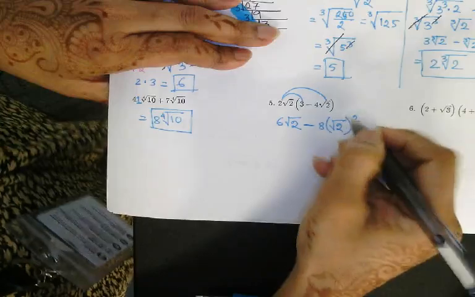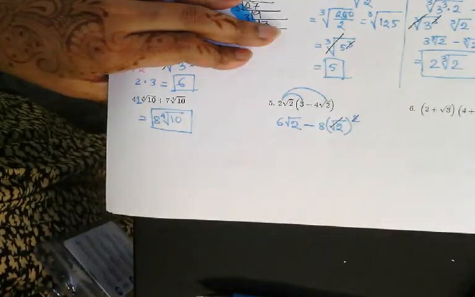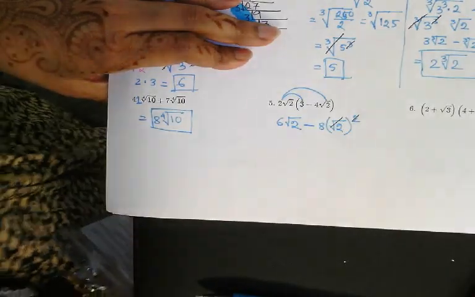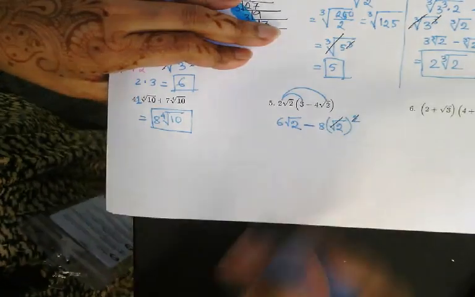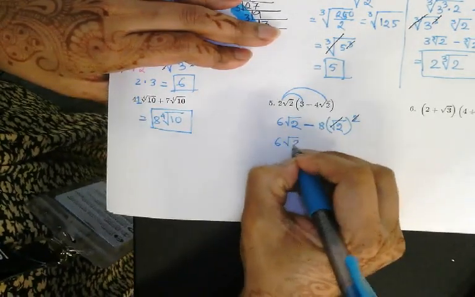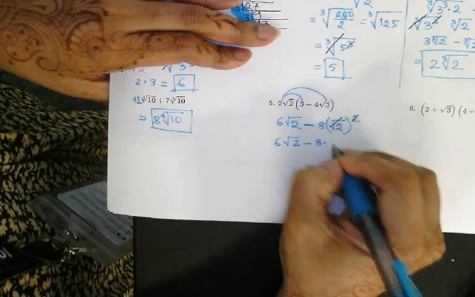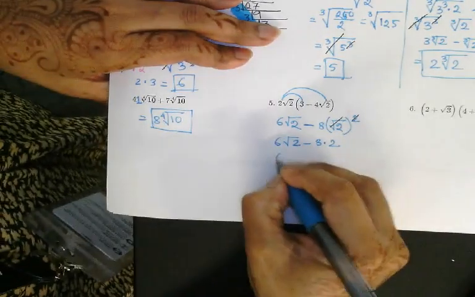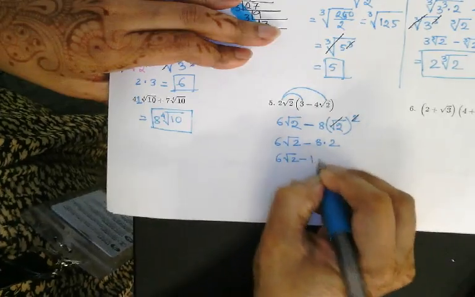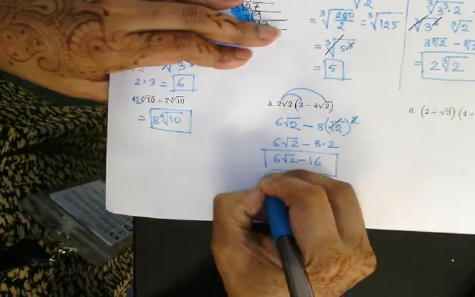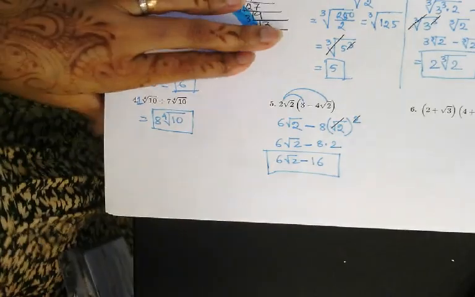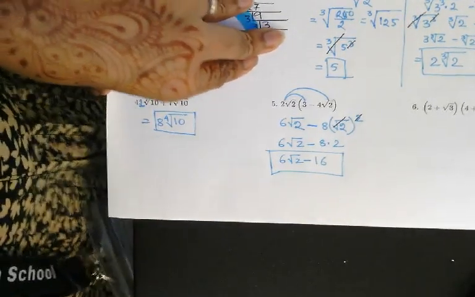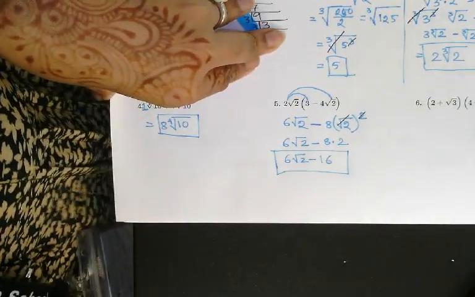And then the square and square root, they cancel each other. So it becomes free. Now here it's going to be 6 square root of 2 minus 8 times 2. 6 square root of 2 minus 16. Any questions?